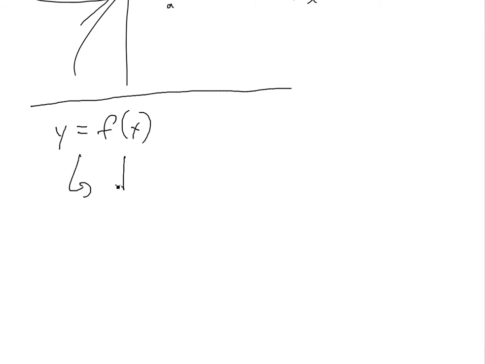Let's start off with y equal to a function of x, or f of x. Let's define dx as a differential. It's just a notation. It's a differential and an independent variable, so it could be any value.